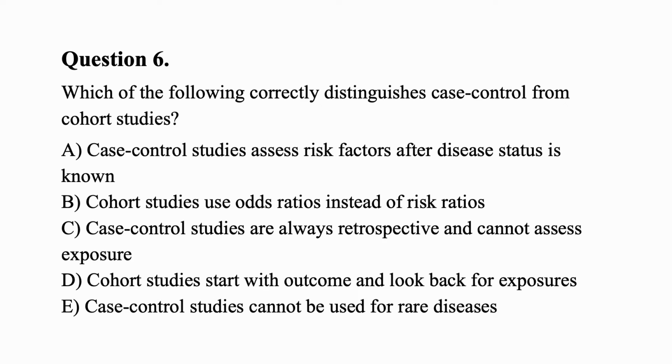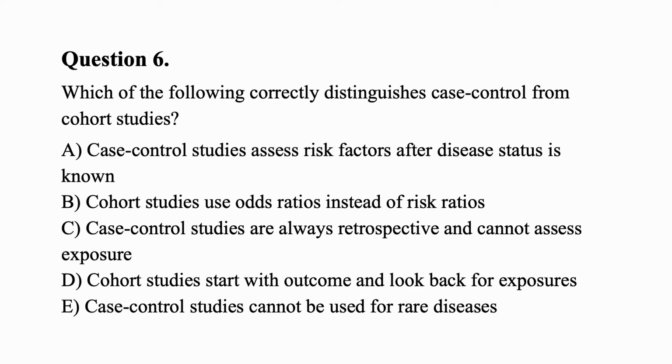All right, question number 6. Which of the following correctly distinguishes case control from cohort studies? A, case control studies assess risk factors after disease status is known. B, cohort studies use odds ratios instead of risk ratios. C, case control studies are always retrospective and cannot assess exposure.